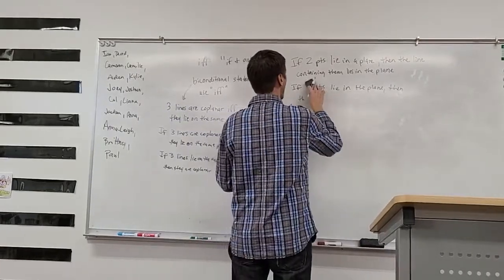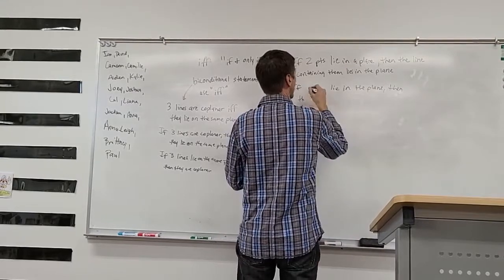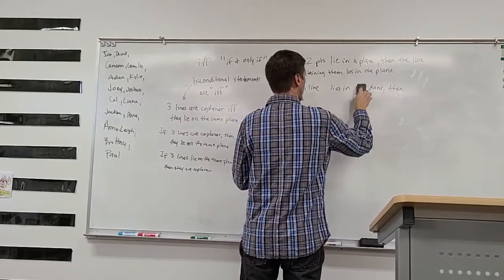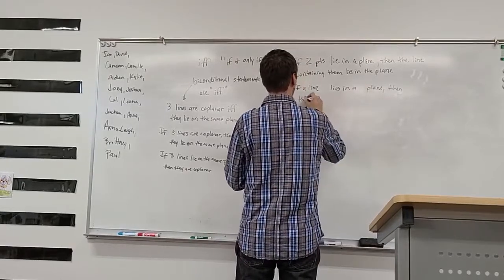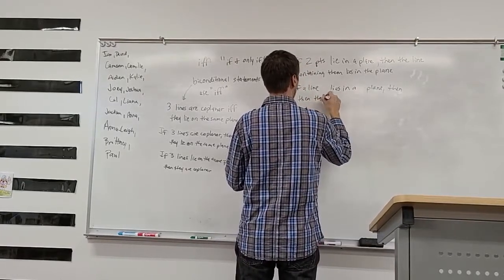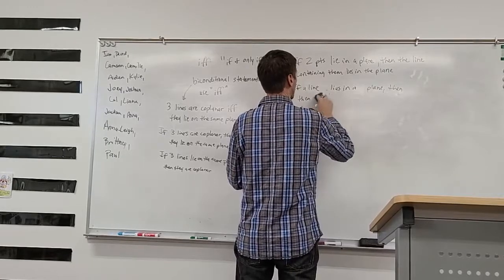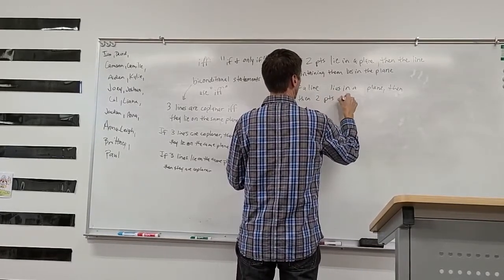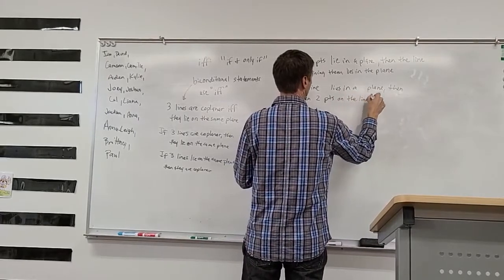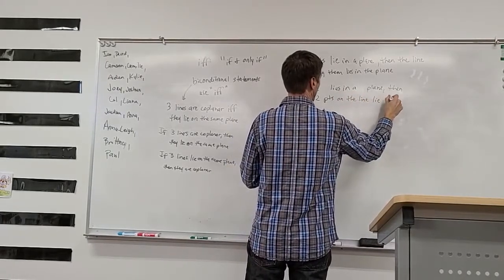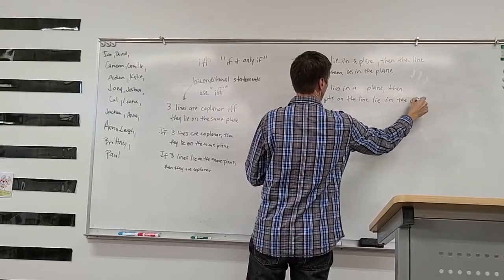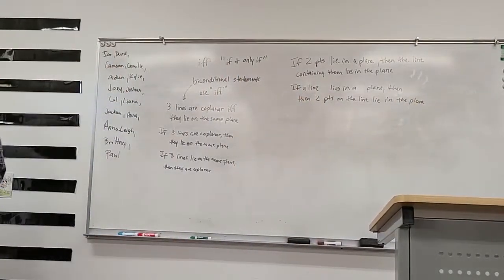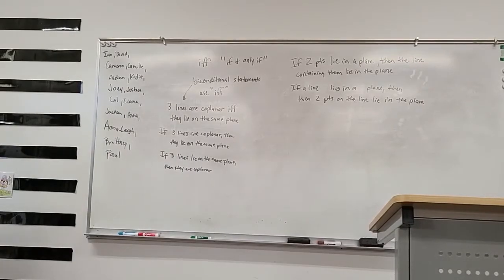If a line lies in a plane, then the 2 points on the line lie in the plane. Alright, did I mess that up enough that you're totally confused, or did you guys finally follow? You get it down? Yeah.